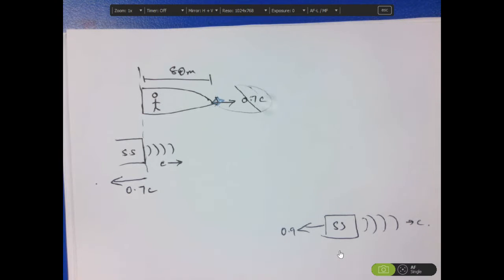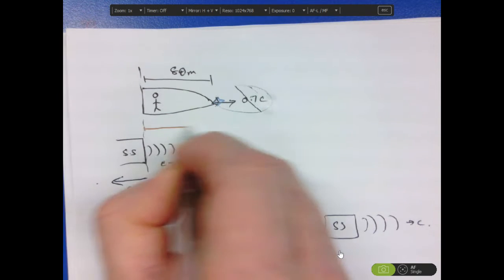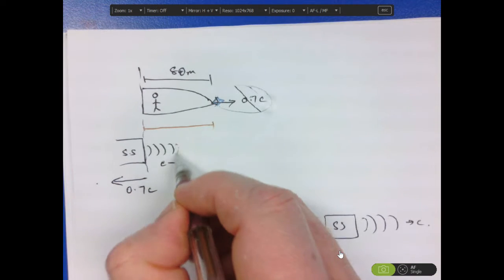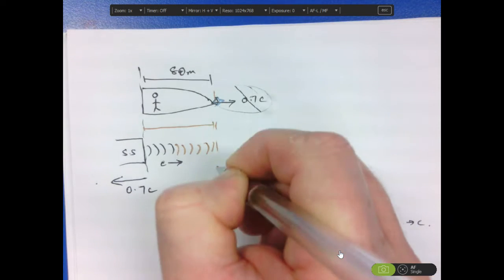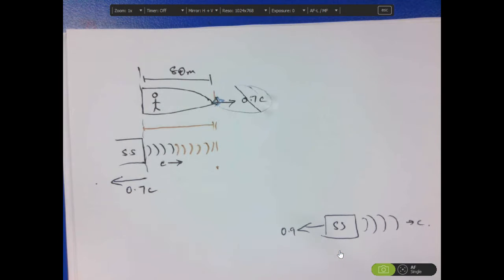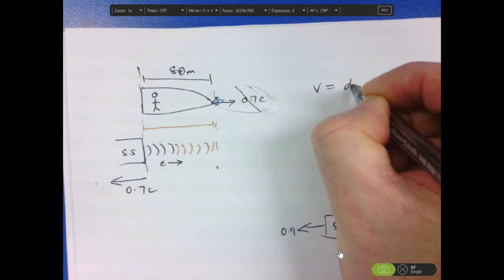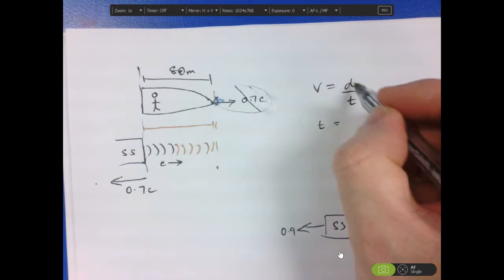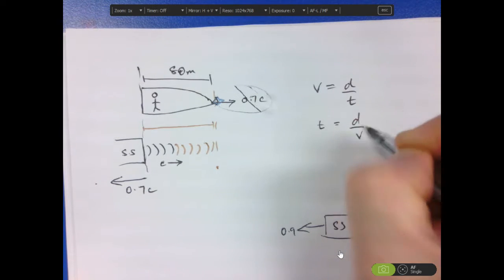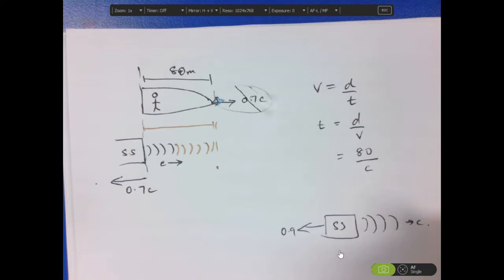Okay? So that simplifies this problem really, really easily, because it says, how long does it take for this signal to simply go from there to this point here where they align? In other words, how long traveling at the speed of light would it take to go 80 meters? So remember, velocity is equal to distance over time. So the time is equal to distance over velocity. It's got to travel 80 meters, and we're traveling at the speed of light.